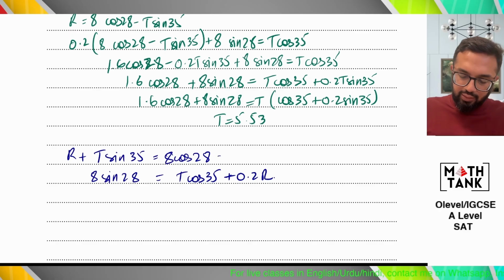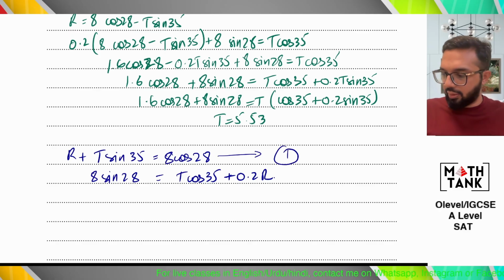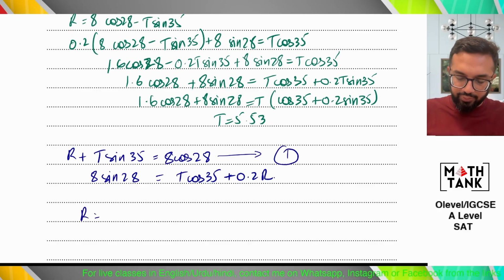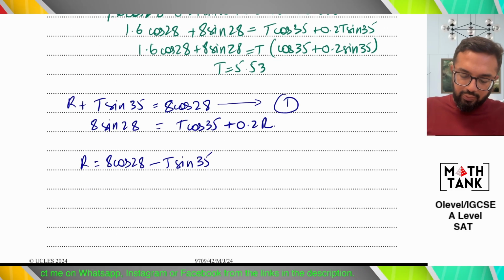Okay. So again, taking the substitution from equation number 1, I get r equals to 8 cos 28 minus t sine 35. All other things have remained the same.